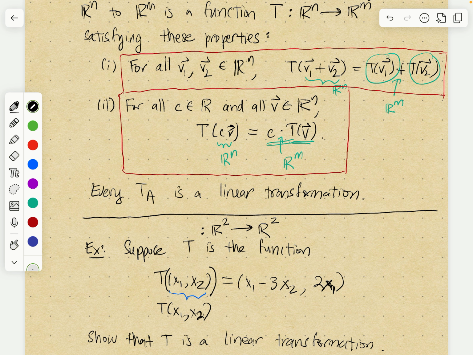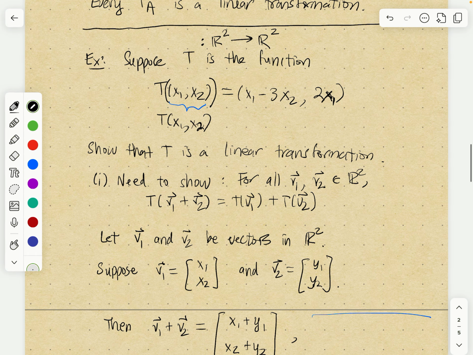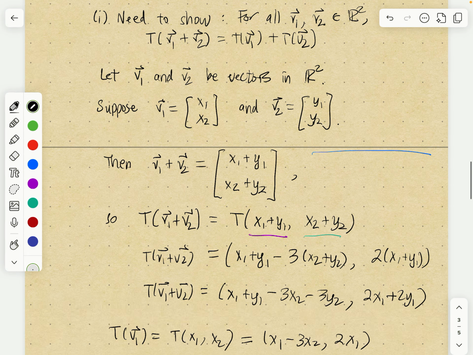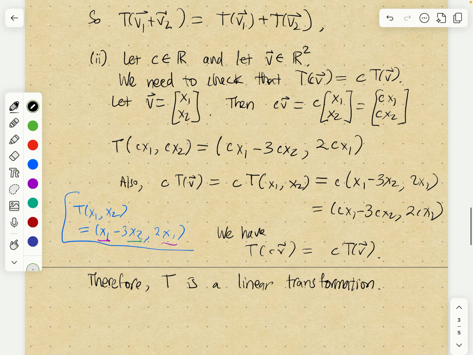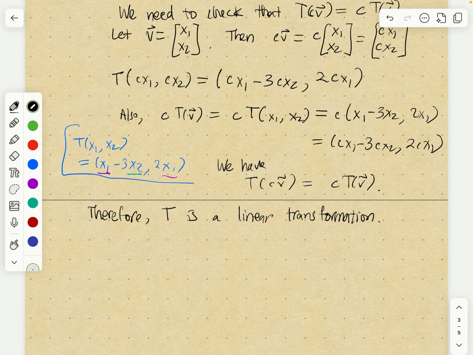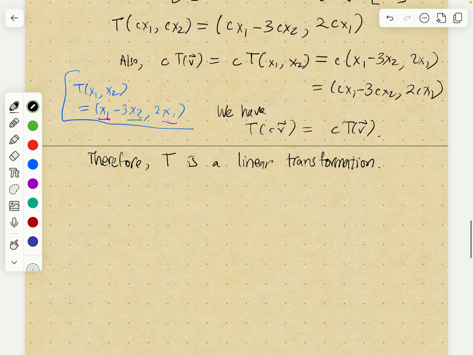And then similarly for number two, the second condition. So that's how you check that something is a linear transformation. And we're going to learn some theorems that we can use instead, but this is how you would check it directly from the definition.